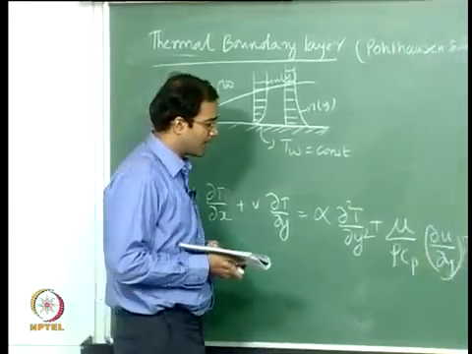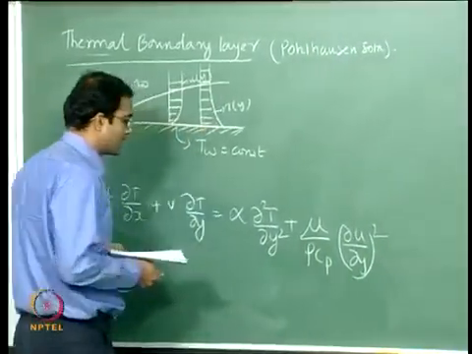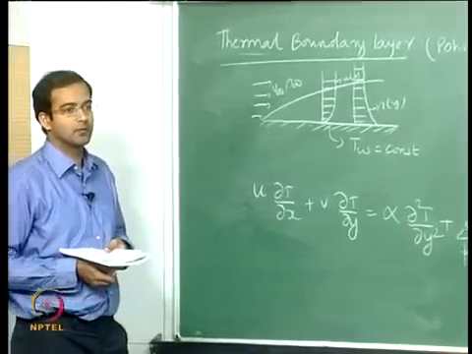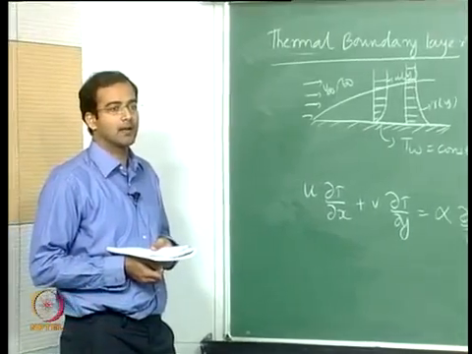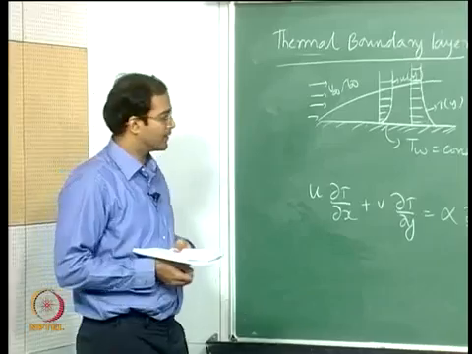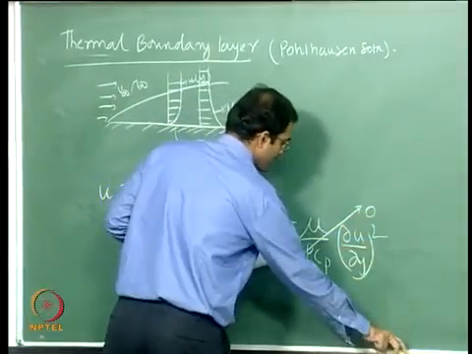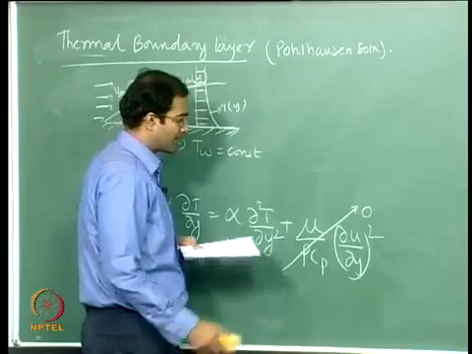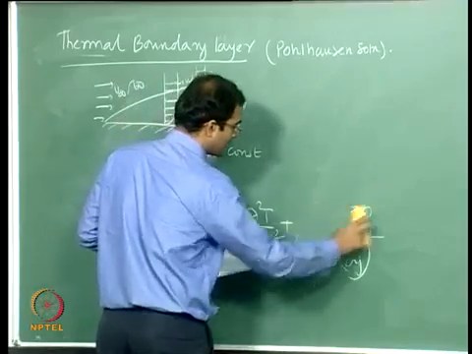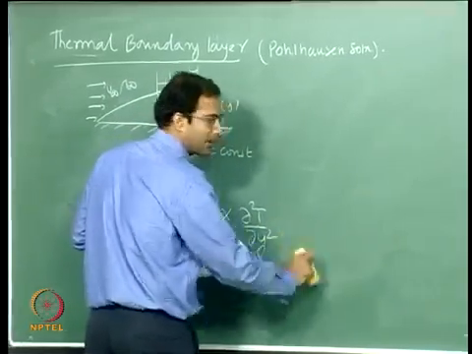If you make an approximation that we are looking at only low speed flows and moderate Reynolds numbers, then you can safely say the viscous dissipation term can be neglected. It will not be exactly 0, but it can be neglected with respect to the order of magnitude of the other terms.